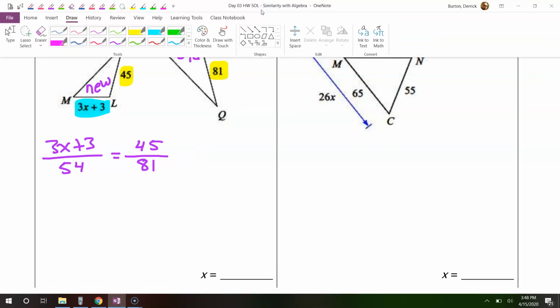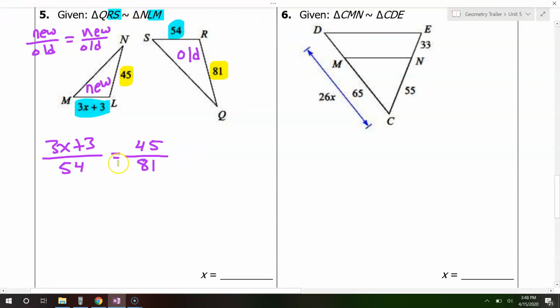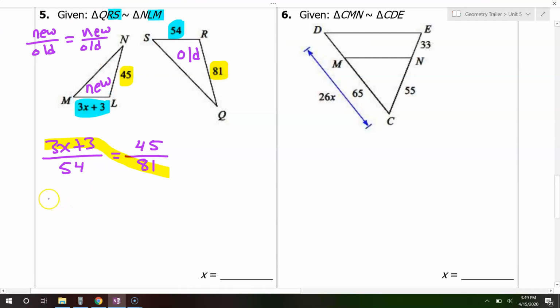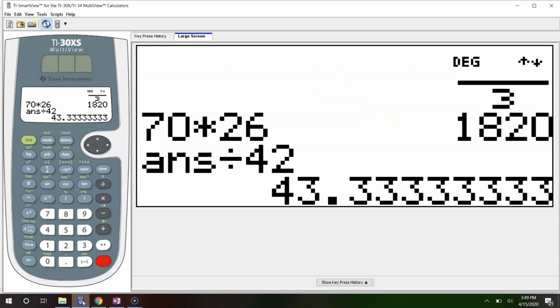Okay, now it's time to cross multiply. So if we look at the down diagonal here, I have to do 81 times 3x plus 3. Be careful because I actually have to do the distributive property. So I'm really doing 81 times (3x plus 3) like this. All right, but I'm going to just go straight to that. So the question is, what is 81 times 3?